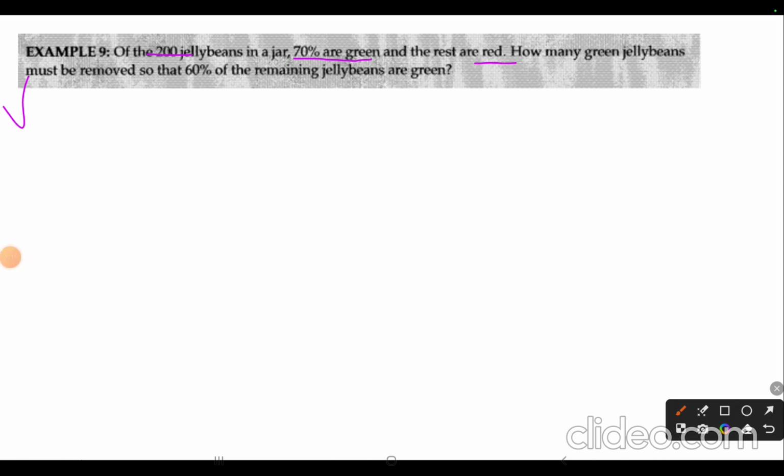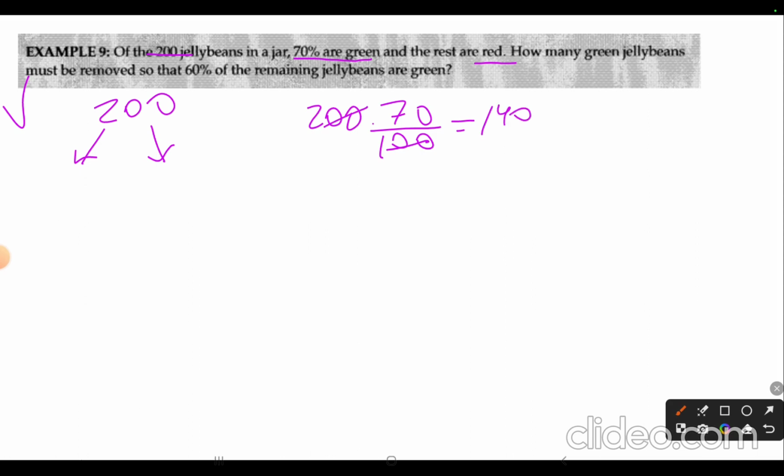Let's firstly understand how many jelly beans are green and how many are red. 70% of 200 will be, we multiply by 70 and divide by 100. These two zeros cancel. 2 times 70 will be 140. So 140 jelly beans are green and the rest are red.